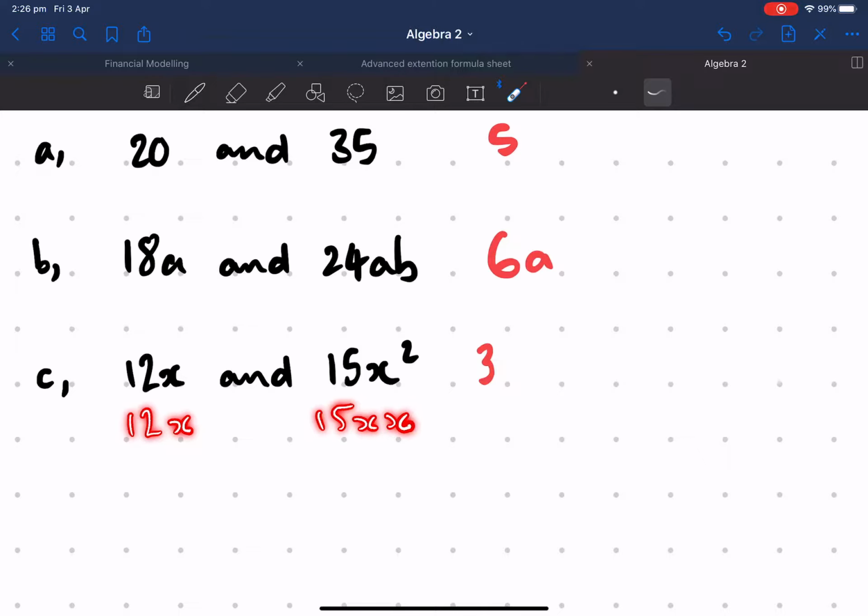So if I divide by an x, or I cancel an x from both parts, I'm still left with an x in that second term. Okay, but I can definitely 100% pull out an x as a common factor. Just note that I can't pull out x squared as a common factor because this isn't an x squared. If they were both x squared, I could make this x squared.